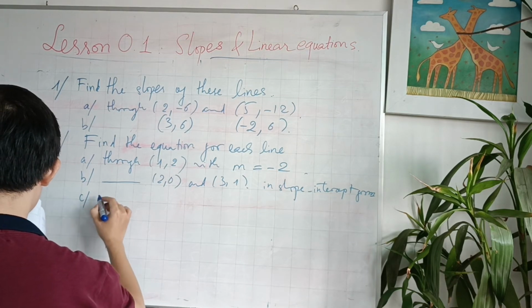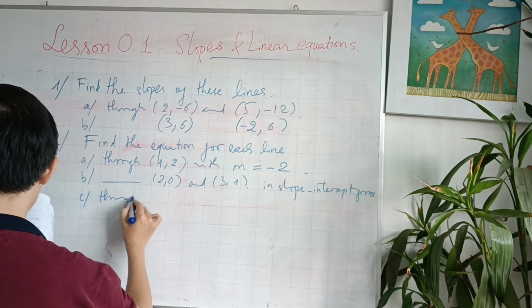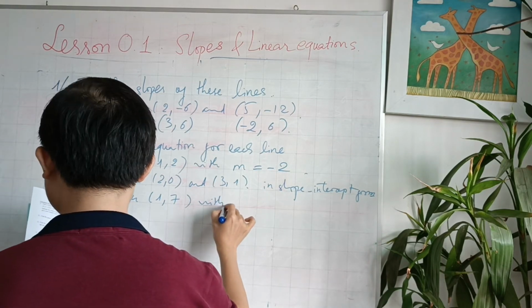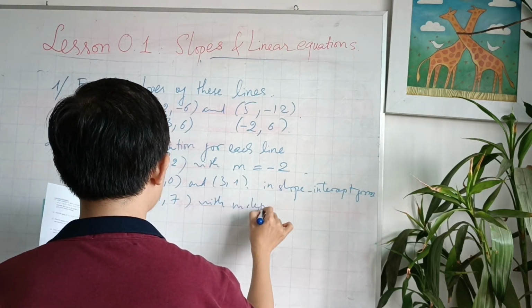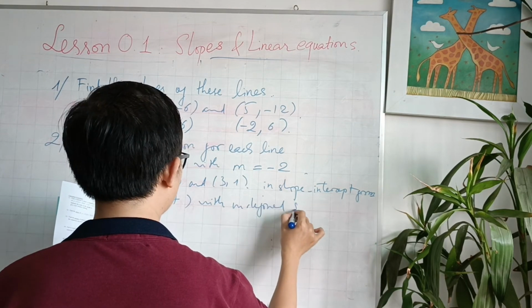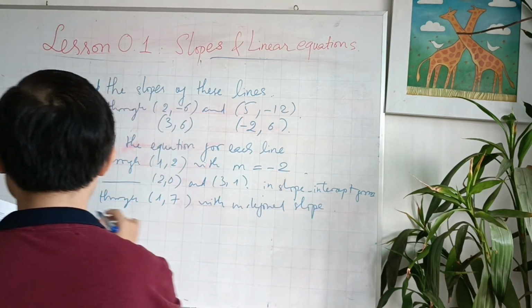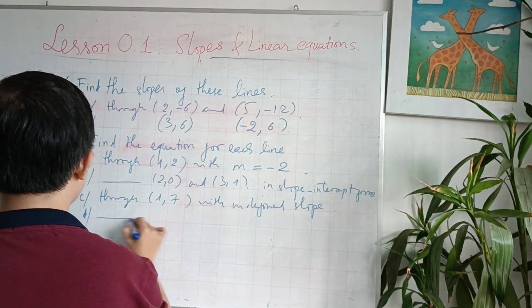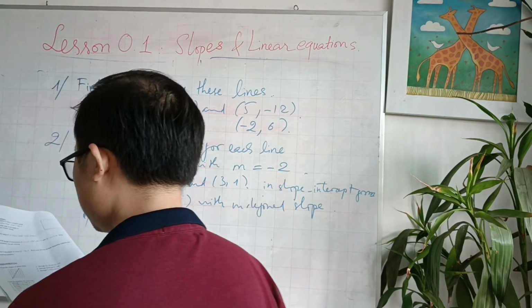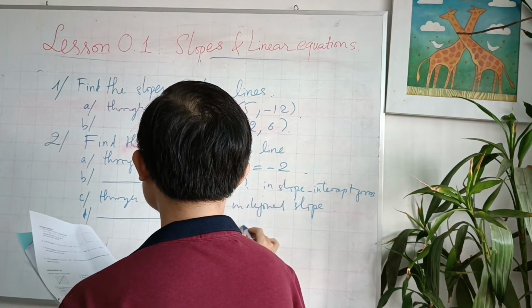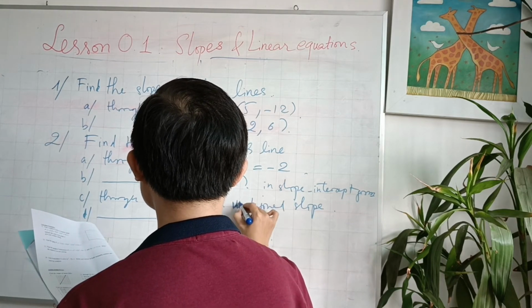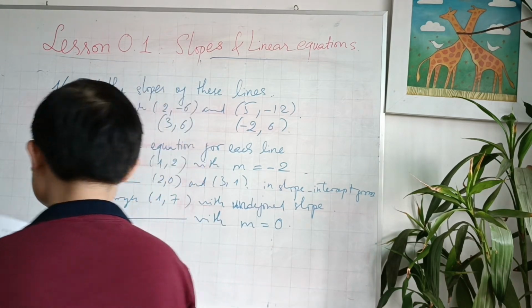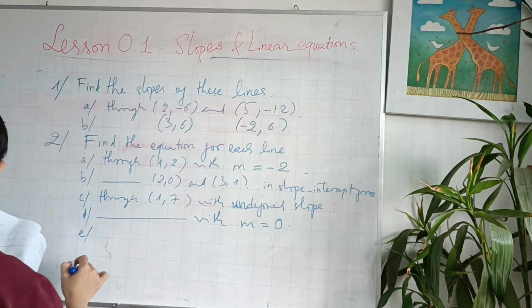C: through 1, 7 with undefined slope. D: through 1, 7 with slope m equals 0.